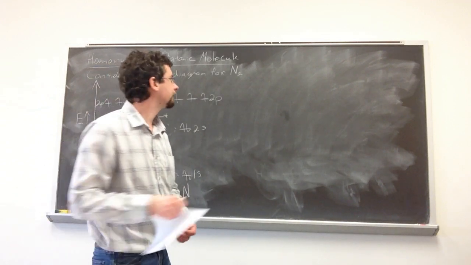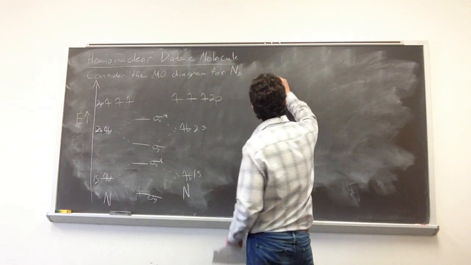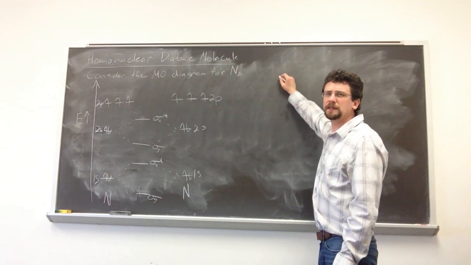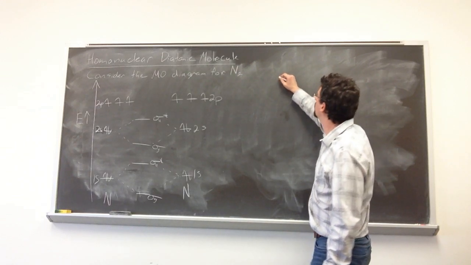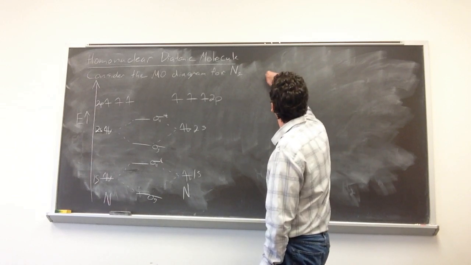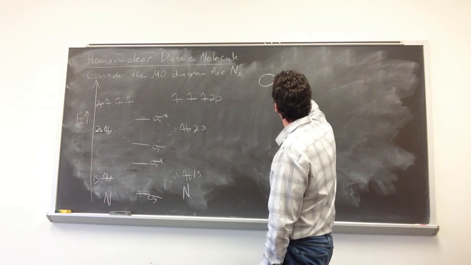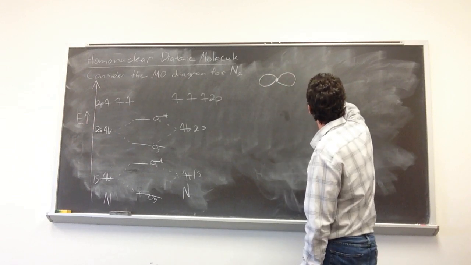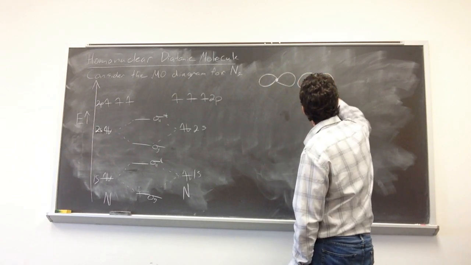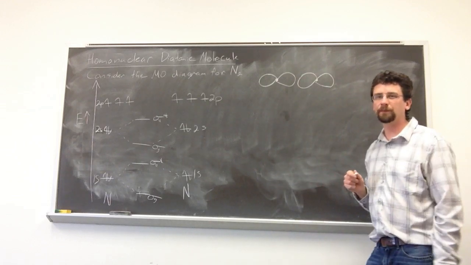Let's consider we have three sets of p orbitals. We're going to draw two of them. We'll call this one the px, on nitrogen 1, and that's the px on nitrogen 2.